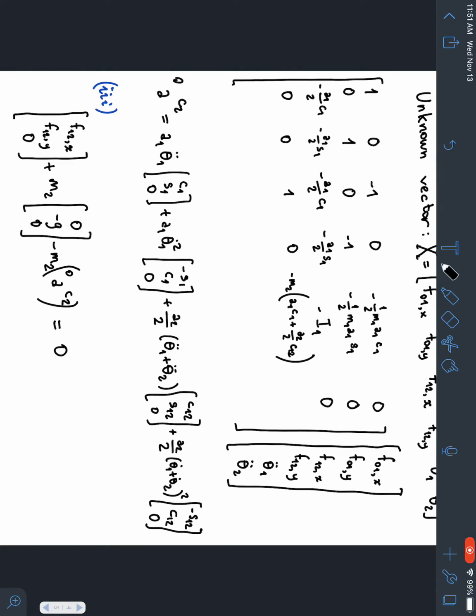And the coefficient of theta 2 double dot only comes from this term here, so I have minus m2 times a2 over 2 cosine of theta 1 plus theta 2.